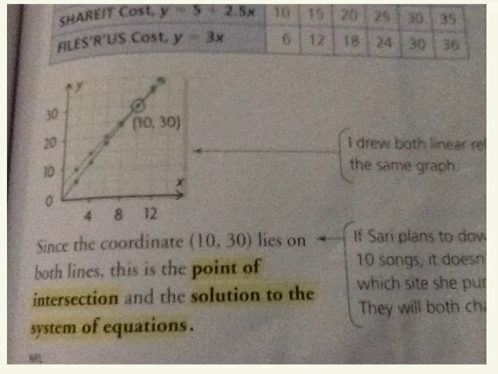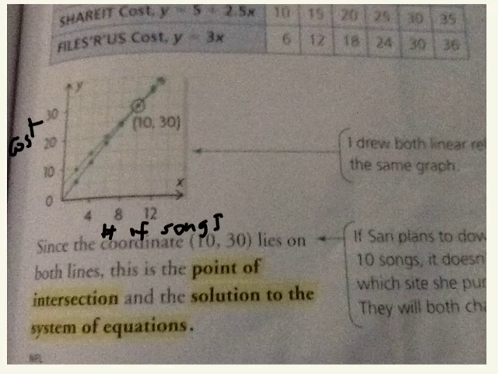If we look at the graph, we were comparing number of songs and cost, right? That was from our table. And we have both of these equations graphed. One of them starts at the origin. Which one is this? Which one is my purple line? Good. Files Are Us. We know that started at the origin.